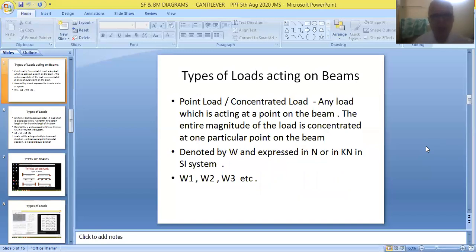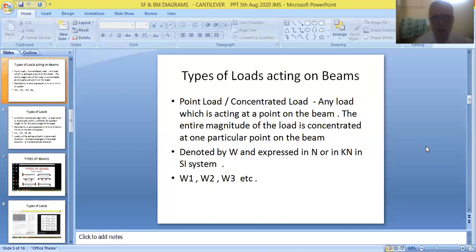So in the beginning of the session, we were talking about loads acting on the beam. They are classified into two different categories, namely point loads and secondly uniformly distributed loads. Now here, this point load is also called a concentrated load.